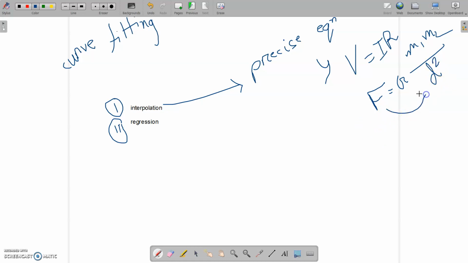So F is proportional to 1 divided by d square. The curve should be an exact curve, since the other three are fixed values. When you have an exact curve from mathematical equations, then we perform interpolation.